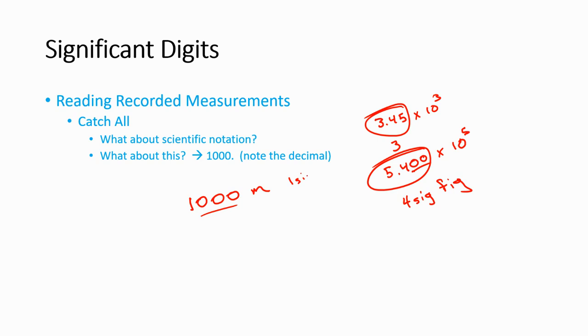This only has 1 significant digit. But what if I actually measured those zeros and it was exactly or very close to 1,000 meters? One way I can express that and try to show that all of those zeros should be significant is by placing a decimal there. When I do that, I am making the assumption that I have measured those zeros, and just by showing that decimal, I now can say this has 4 significant figures.